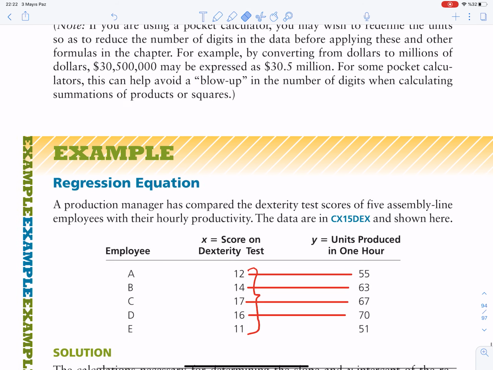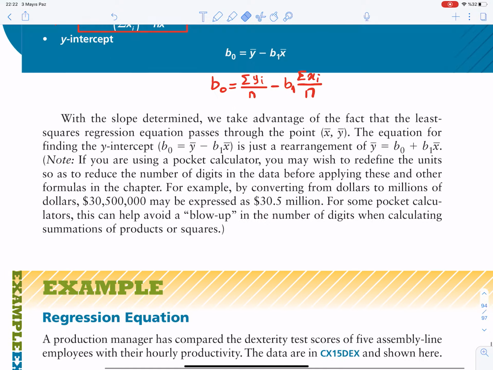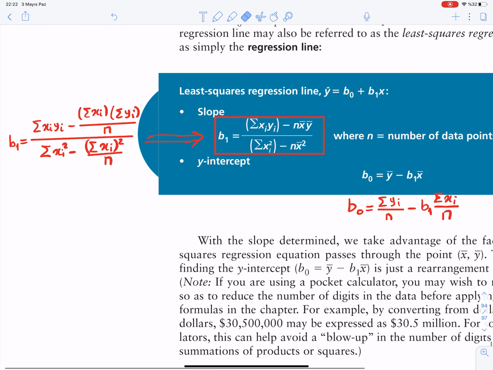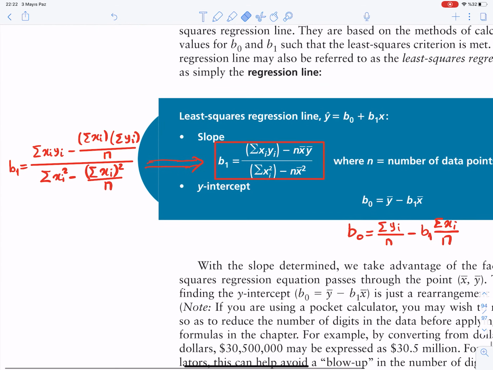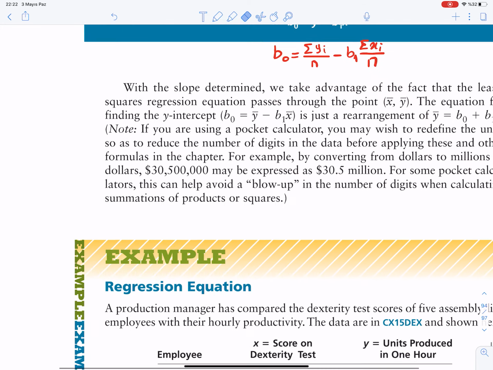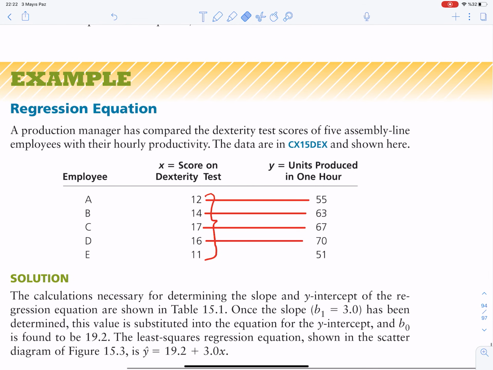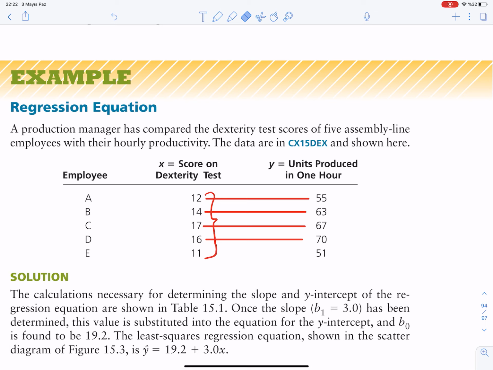I'm going to delete all this stuff here. If you use this formula, all you need to do is calculate xi yi. I can do it here easily, using this space economically. So I'm going to have xi yi here: 12 times 55.